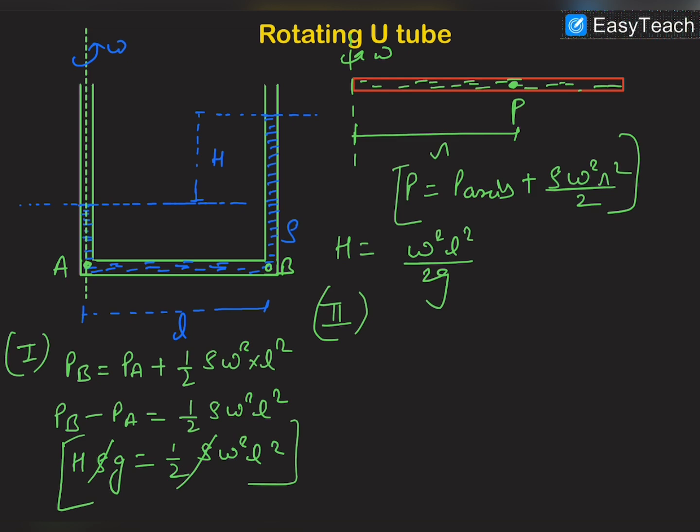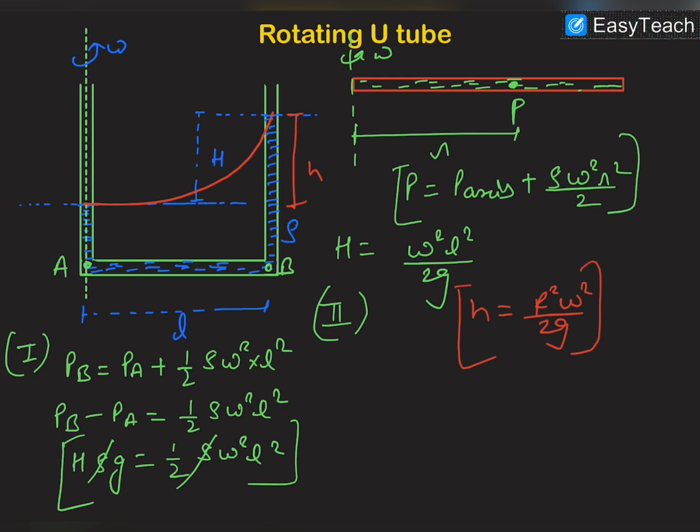So if we draw the parabola, and we also know that the base of that parabola is on the axis, this parabola would be like that. This is the parabola, and in this situation this height is h. We have already studied that h is r square omega square by 2g. This formula we have already derived in the previous video. You can refer to the previous video.